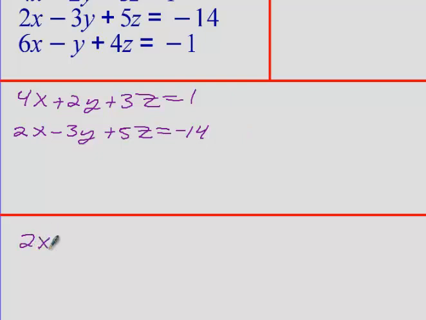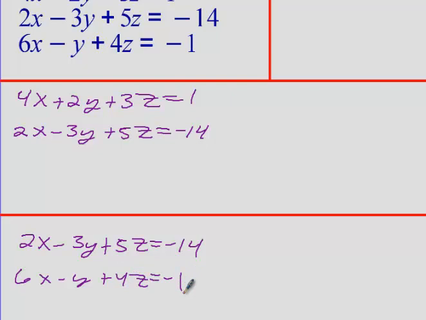So down here, I'll get 2x minus 3y plus 5z equals negative 14, and 6x minus y plus 4z equals negative 1. Everybody kind of okay so far? Okay? I mean, I haven't done anything major, right? But what's important here is that when you split these apart, you split them apart the right way. Equation 1 and 2, equation 2 and 3.